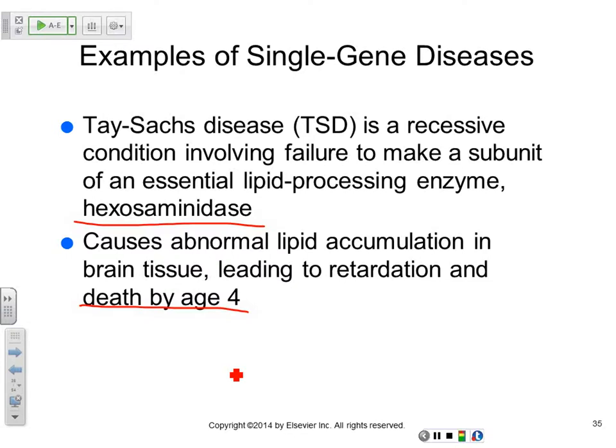There are certain Jewish communities that have a high prevalence of Tay-Sachs. Does anybody know the reason? What is the reason that geneticists or epidemiologists attribute to that?